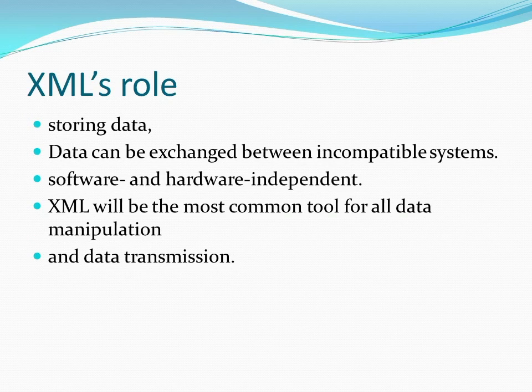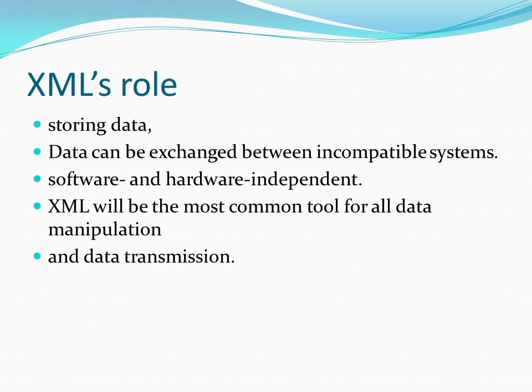What is the main role of XML? XML's role is storing data. XML data can be exchanged between incompatible systems. In the real world, computer systems and databases contain data in incompatible formats. One of the most time-consuming challenges for developers has been to exchange data between such systems over the internet.